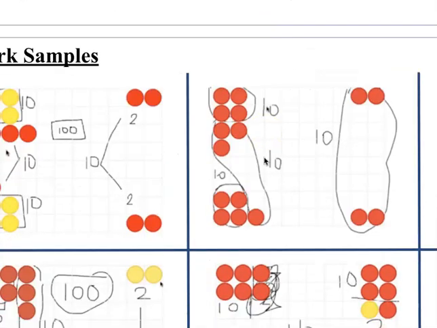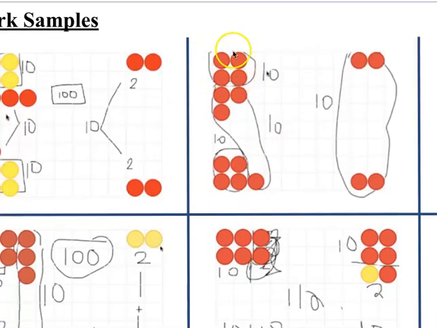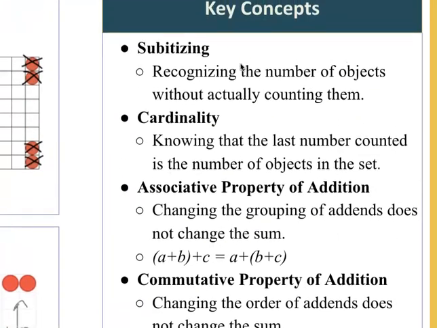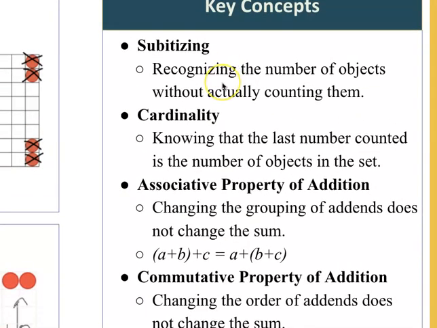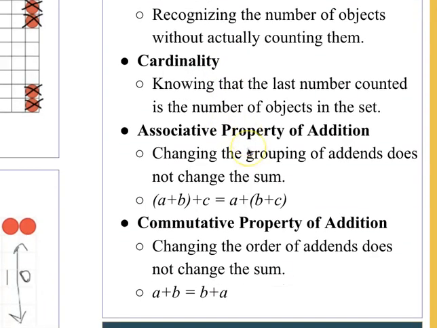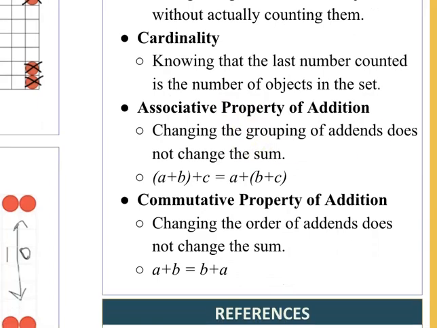A lot of students started situating 4 chips and calling that 1 0, and they were able to do that without actually counting them. And so we have interesting conversations about subitizing. We also talked about cardinality, and so being able to know that the last number counted is the number of objects in a set. And like I said earlier, we talked about associative properties and commutative properties of addition.